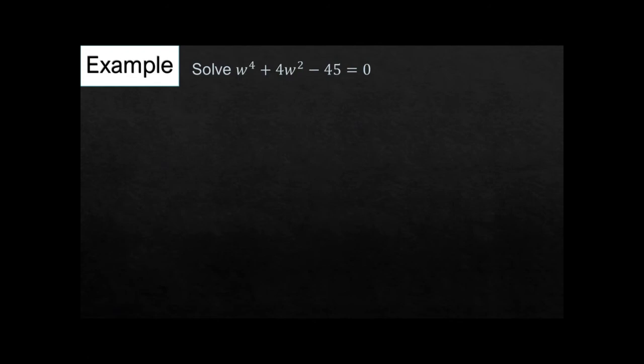So first thing is, again, you want to determine u. So we set that middle term equal to u. So u equals w squared. And then you find u squared, w squared squared. Now in this case, we don't see that in the equation, so we need to actually simplify that.